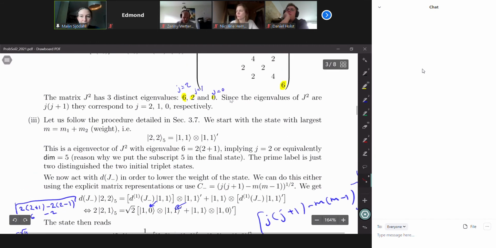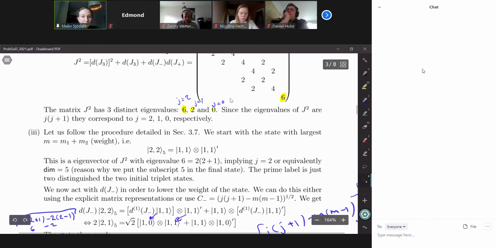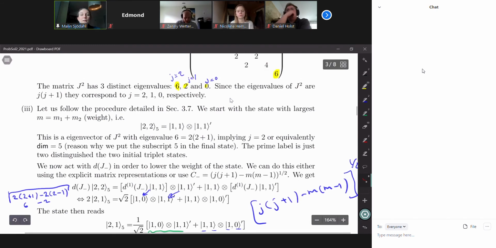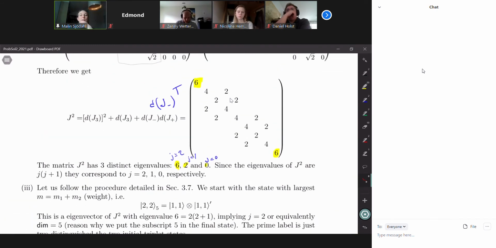Okay. So now we want to identify the states. So luckily, there are 2 states that we can readily identify here. So we know that the state with maximal z value must correspond to the state with maximal j value as well.